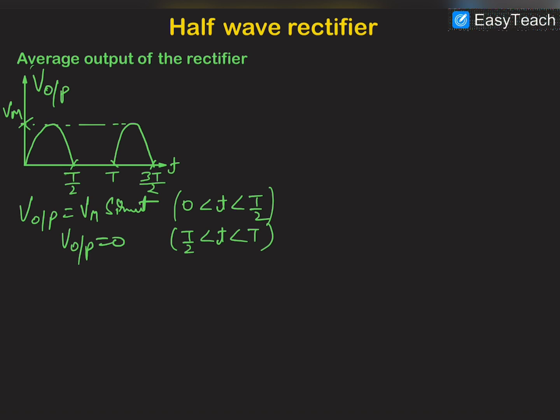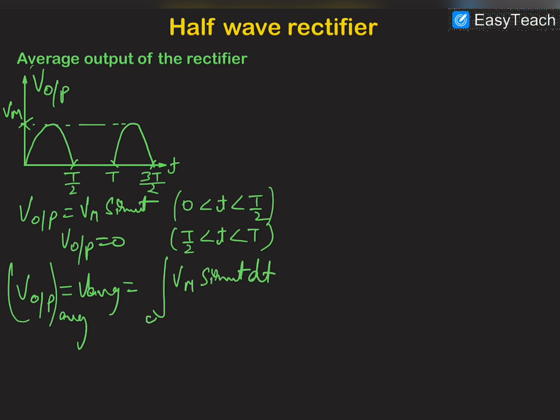So we can say that this will be like that, and the average value of output, V average, will be the integration of Vm sine omega t dt. The limit will be from 0 to T by 2, divided by the period, which is T by 2.